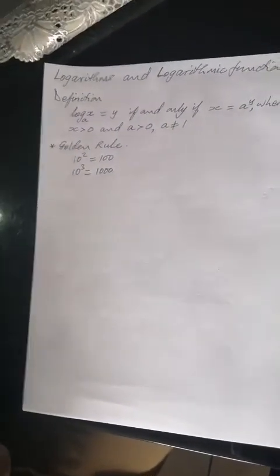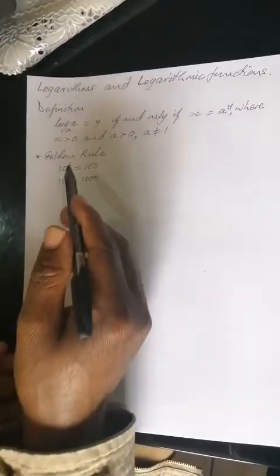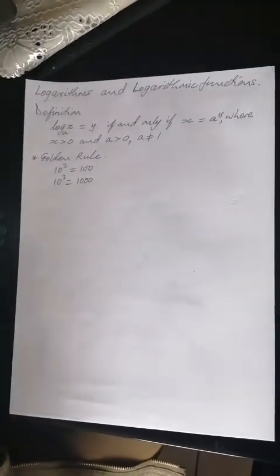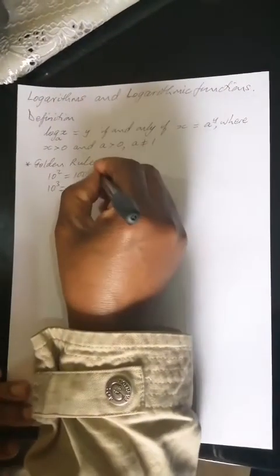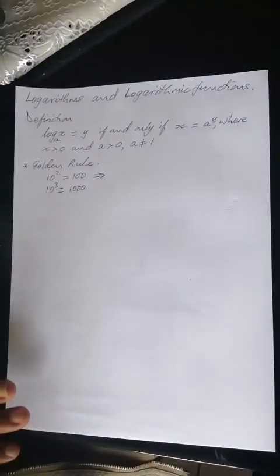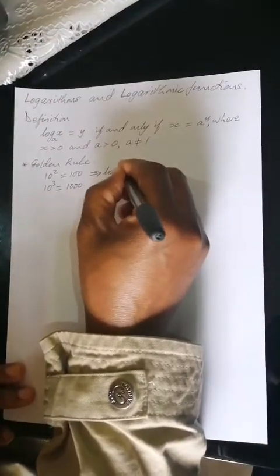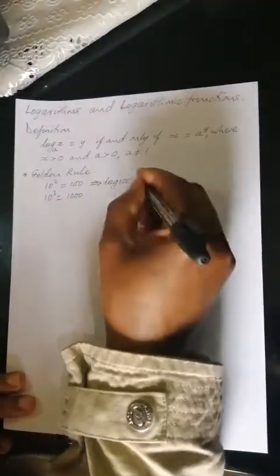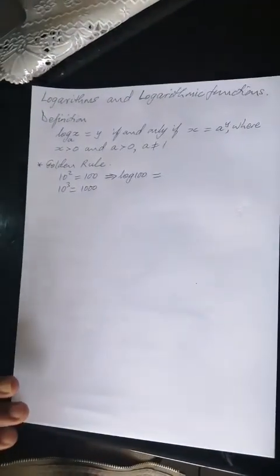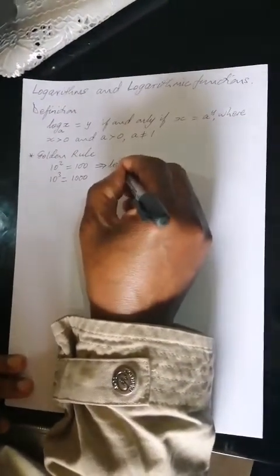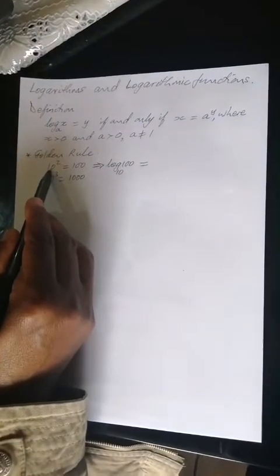Now, please, whenever you are moving from exponents to logarithms, this is what you simply ask yourself. This goes to log of 100, that is the right hand side, is equal to, in what base? In base 10. You see, 10 is the base and it is equal to 2.